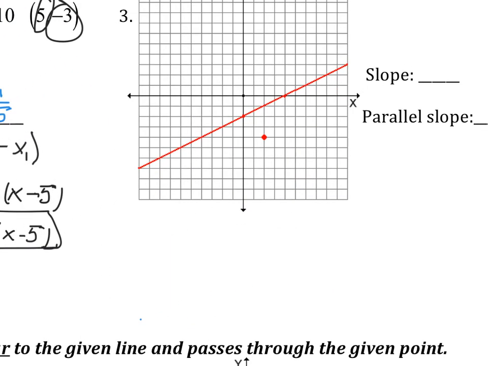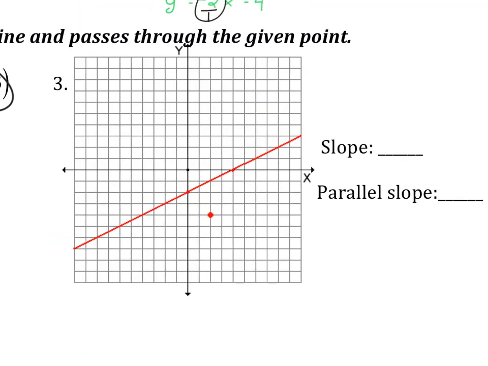Alright, so with the graph, we're going to do basically the same thing. First, let's find the slope. Let's use this point right here and this point right here to help us calculate the slope, which would be to go up by 2 and over by 1, 2, 3, 4, so up 2 and over 4.